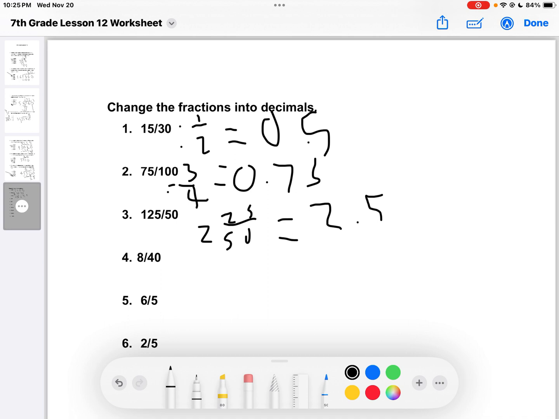Well, pretend we flip it around, it'll be 40 divided by 8, and that'll be 5. So in this case, 8/40 should simplify, divided by 8, to 1/5, and well, this is 0.2.